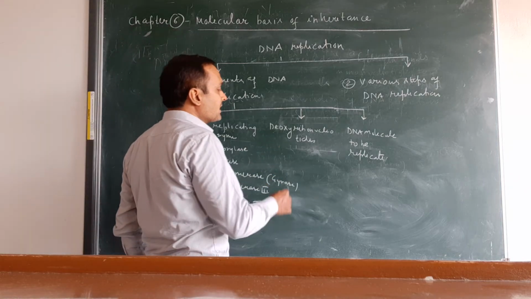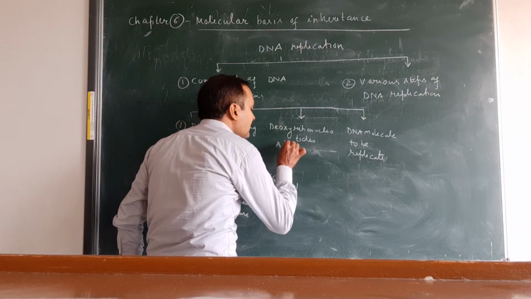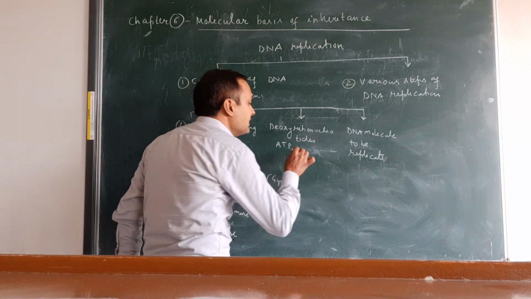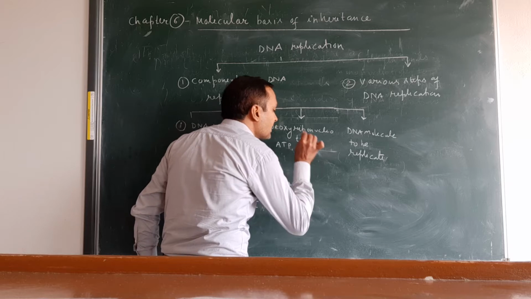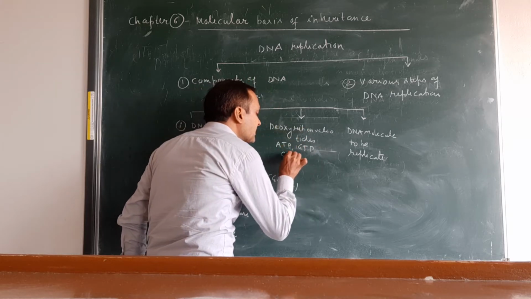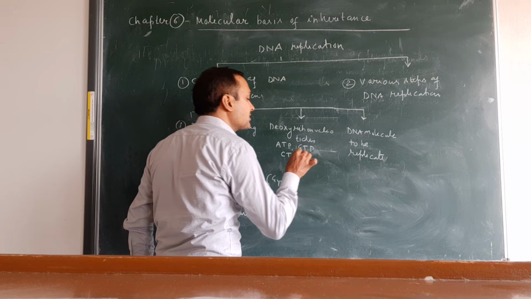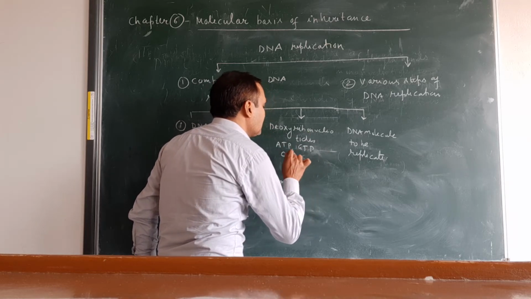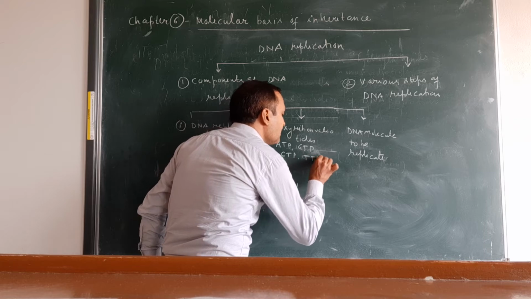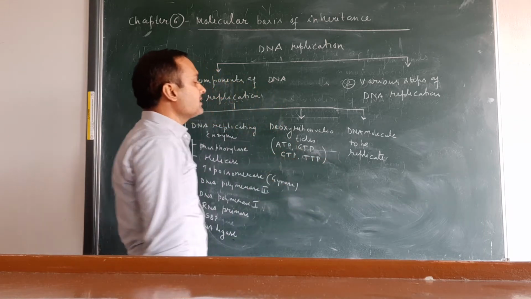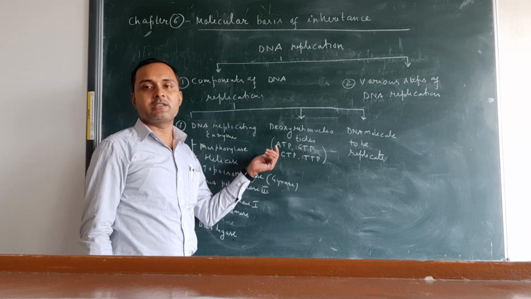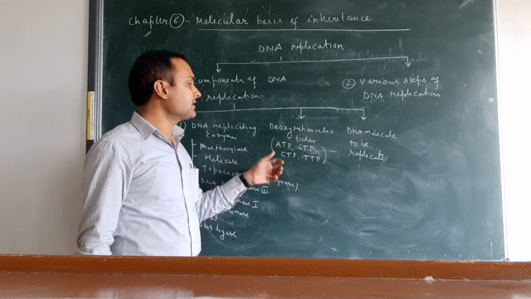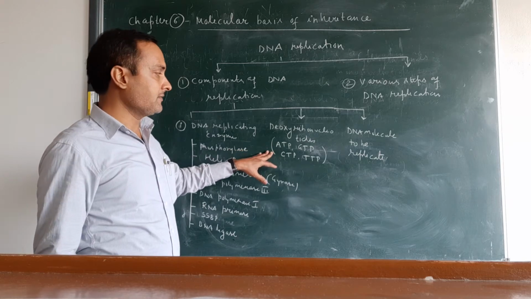So the 4 nucleotides required are ATP, adenosine triphosphate; GTP, guanosine triphosphate; CTP, cytosine triphosphate; and last, TTP, thymine triphosphate. These nucleotides act as substrate because the new strand requires nucleotides for addition.